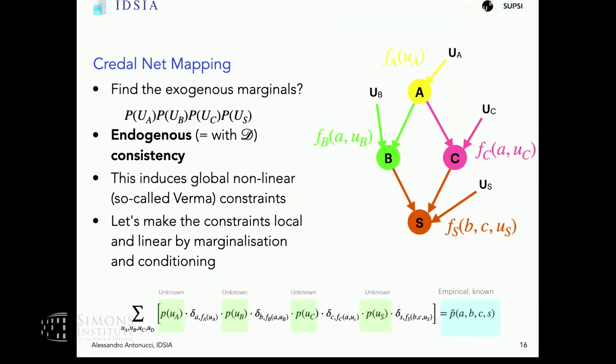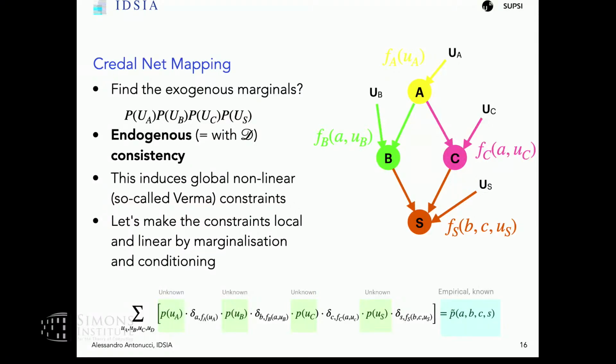This is a model with 4 endogenous variables. The U are the latent variables. These are the equations. And this is just the joint probability of the Bayesian network. The delta are the conditional probability tables. These are the probabilities of the root nodes. We marginalize the latent variables, and the result should be the empirical model. This is already the constraint of compatibility.